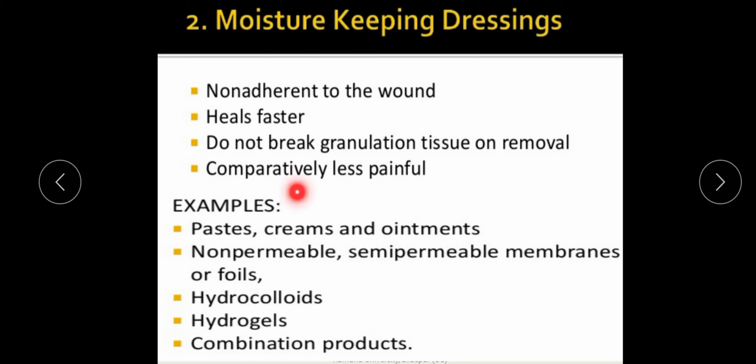So what are the examples we can mention here? The pastes, creams and ointments, non-permeable, semi-permeable membranes or foils, then hydrocolloids, hydrogels and combination products. These are the moisture keeping dressings.